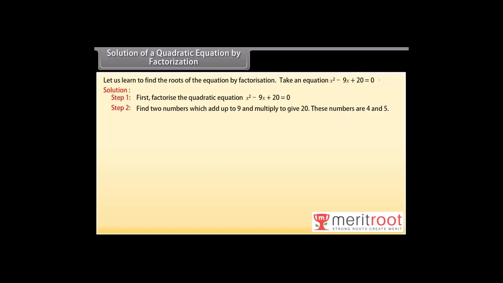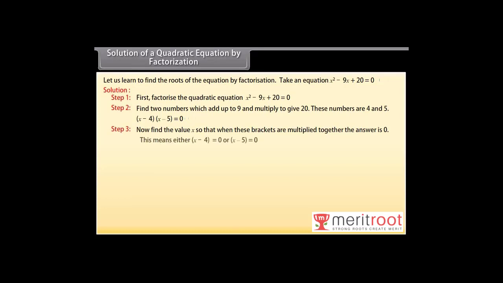These numbers are 4 and 5. x minus 4 into x minus 5 is equal to 0. Now find the value of x so that when these brackets are multiplied together, the answer is 0. This means either x minus 4 is equal to 0 or x minus 5 is equal to 0. So, x is equal to 4 or x is equal to 5.